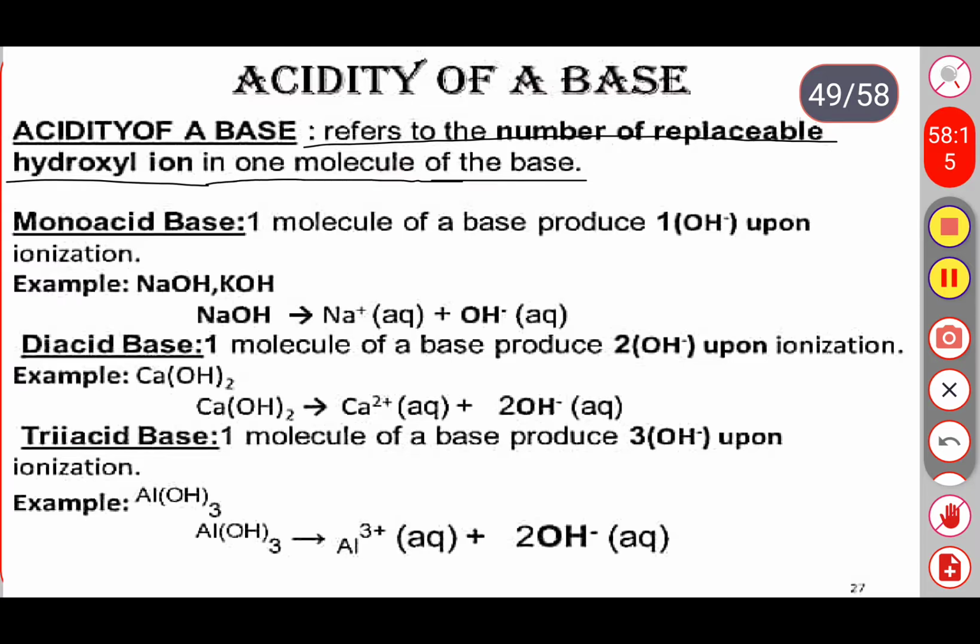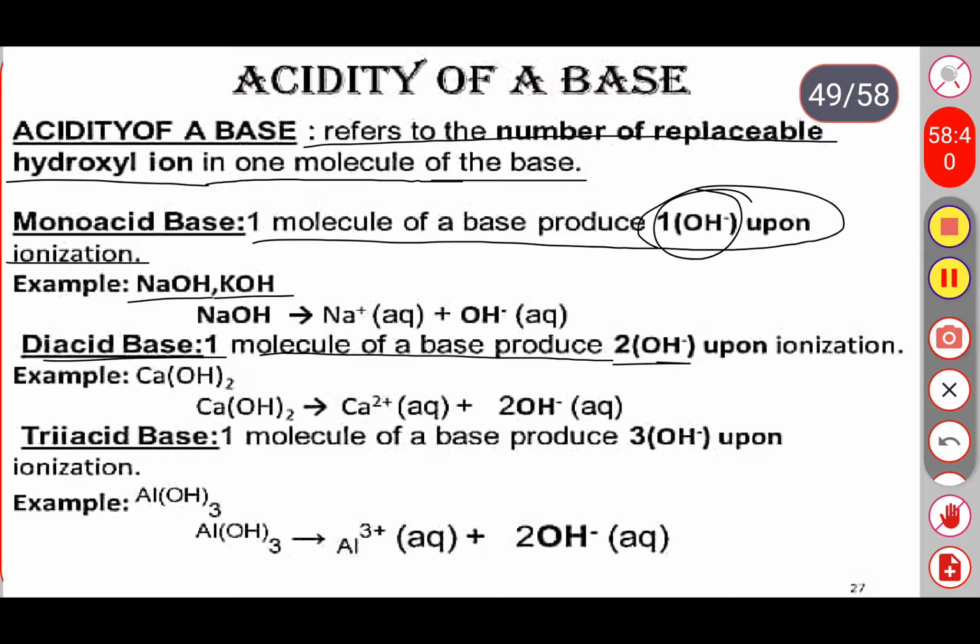If it releases only one OH ion, then that is a monoacidic base, for example, sodium hydroxide and potassium hydroxide. Diacidic means a molecule of base produces two OH ions when it ionizes, for example, calcium hydroxide.